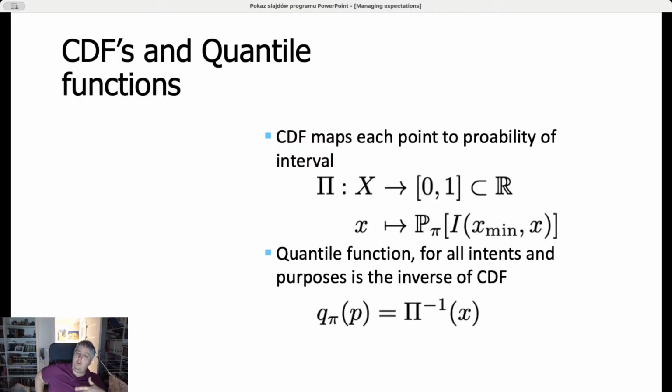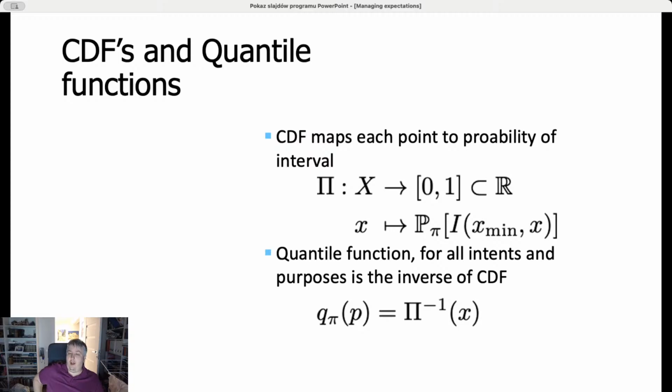Formally it means that it assigns to X the probability of the indicator function of the set between the minimal value of X and X. In the case of one variable, it's rather obvious. In multiple variables, it's more complicated. Either way, the quantile function for our intents and purposes is the inverse of the CDF.